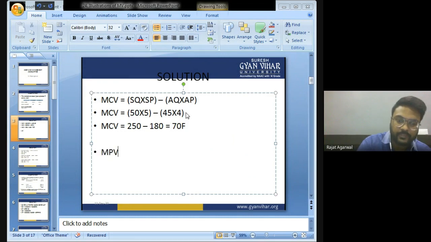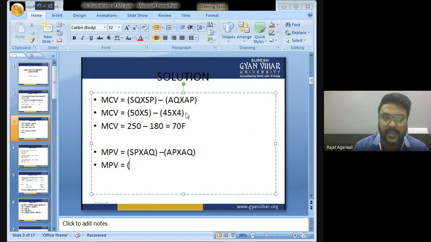Now, material price variance. Formula of material price variance is standard price into actual quantity minus actual price into actual quantity. Standard price is 5 into actual quantity 45. Actual price is 4 into actual quantity 45.